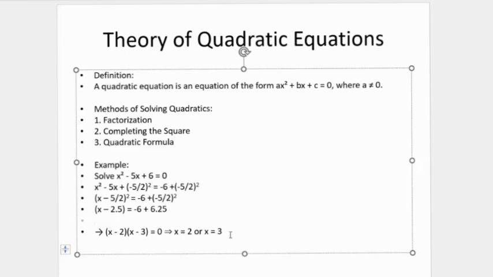So let's not forget our squared here. So fantastic. Now we have, so let's just copy this because we have the same thing on that line. So minus 6 plus 6.25 is going to give us 0.25.